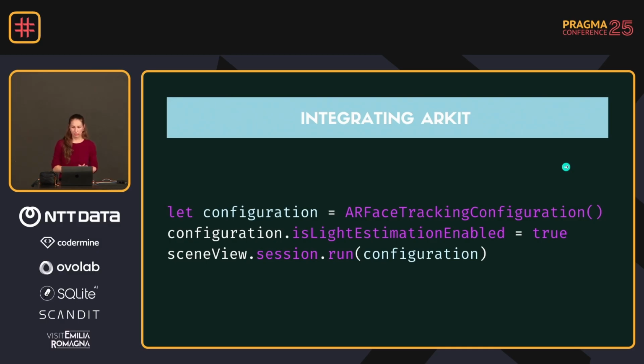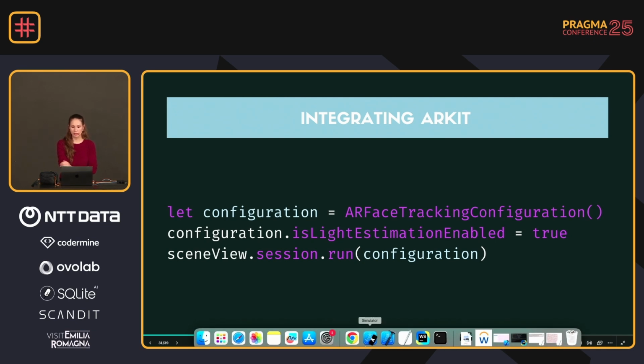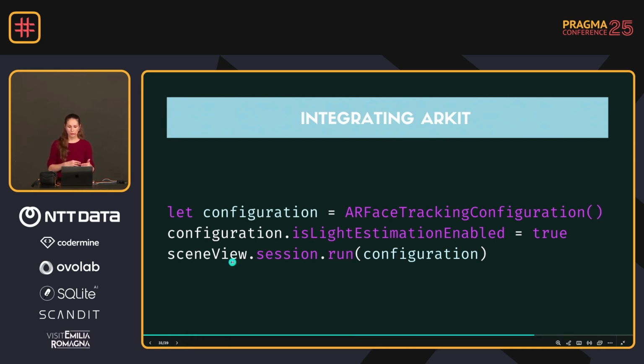Every frame gives us an AR face anchor, which contains the face mesh and blend shapes. And when the face moves, ARKit continuously updates the AR face anchor, so your mask can stick to your cheeks, follow your jawline, and stay perfectly aligned at any angle.